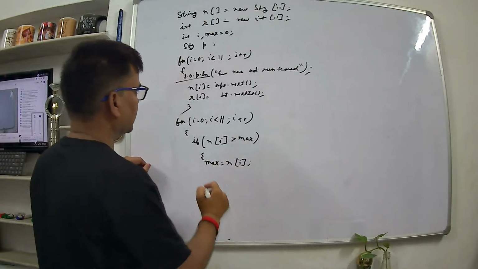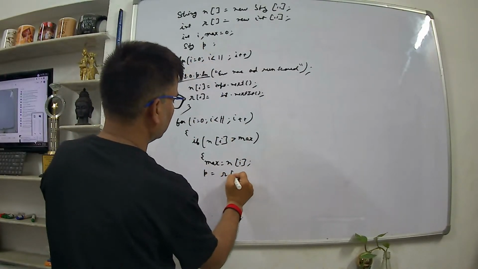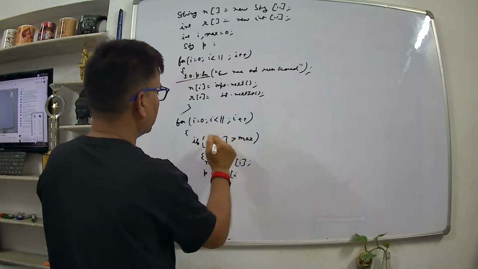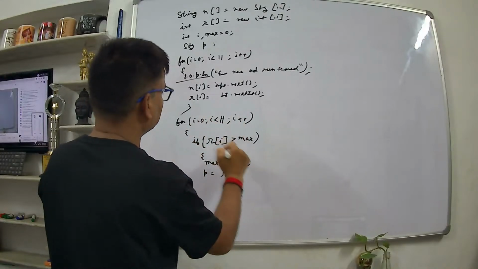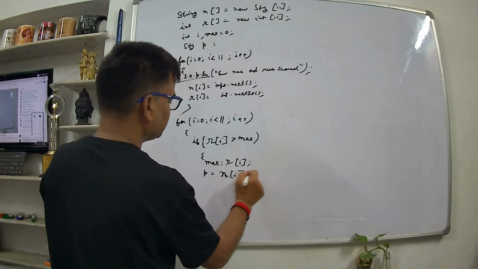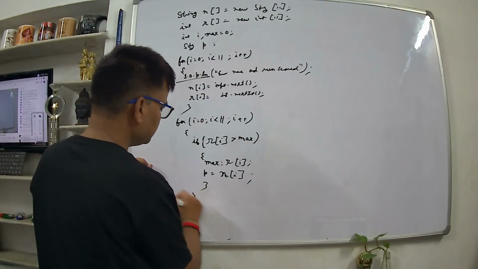Sorry, max will be runs, no? So it will be r[i]. If r[i] is greater than max, then max equal to r[i] and p equal to n[i]. Fine. We'll close the loop.